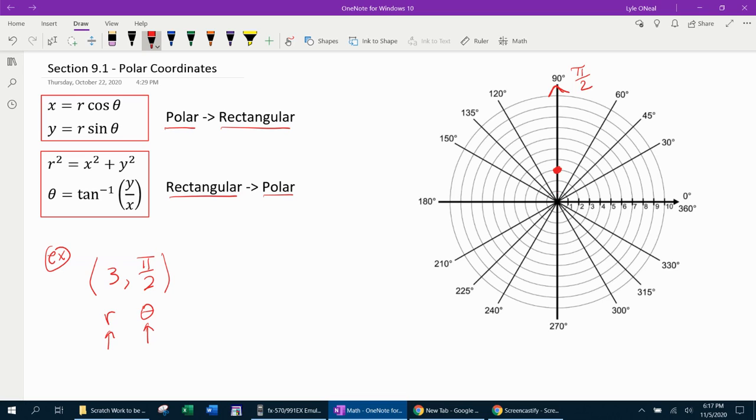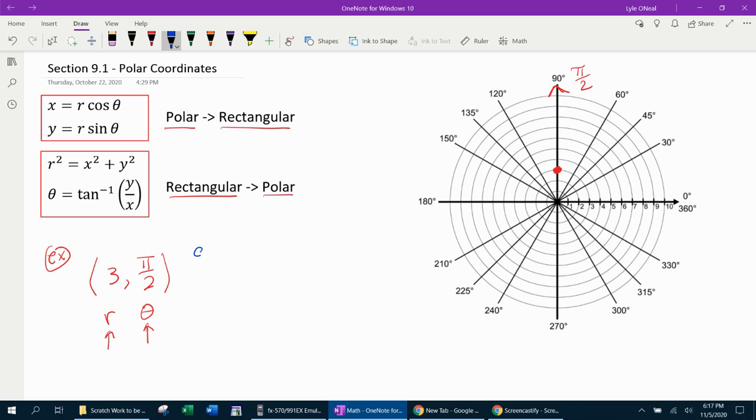We're going to go 3 units in the direction of pi over 2, and that's done. That point is plotted. Okay, so to make it rhyme here, you have to put the dot in the right spot. Put the dot in the right spot. Angle first, and then the radius.